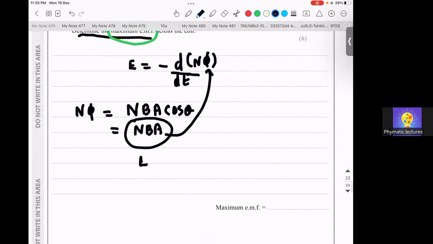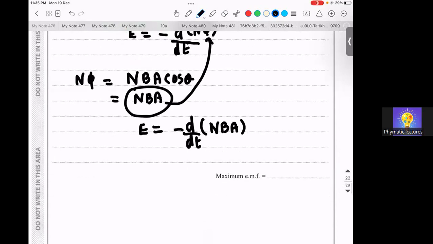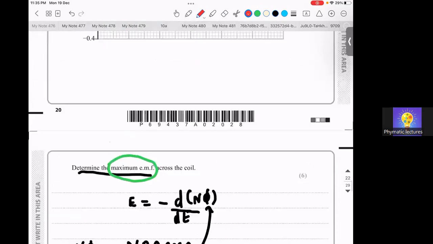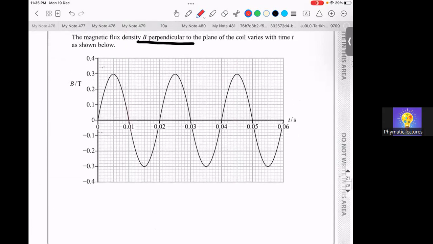So we will substitute this value of NBA here. EMF is equal to minus d by dt of NBA. Here the number of turns is constant, even the area is constant, but for sure the magnetic field is not constant, because the magnetic field versus time graph is a sinusoidal graph.